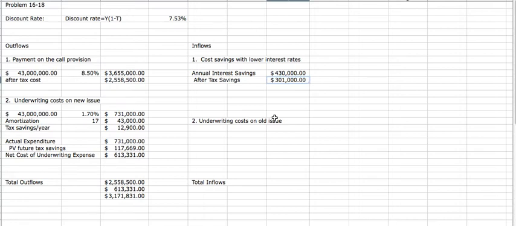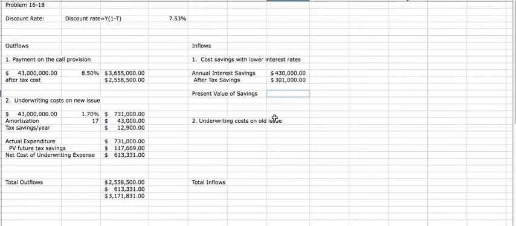Alright, so now let's go back to our calculators, and what we're trying to do is calculate the present value of the savings. So again you want to say second, clear time value of money.